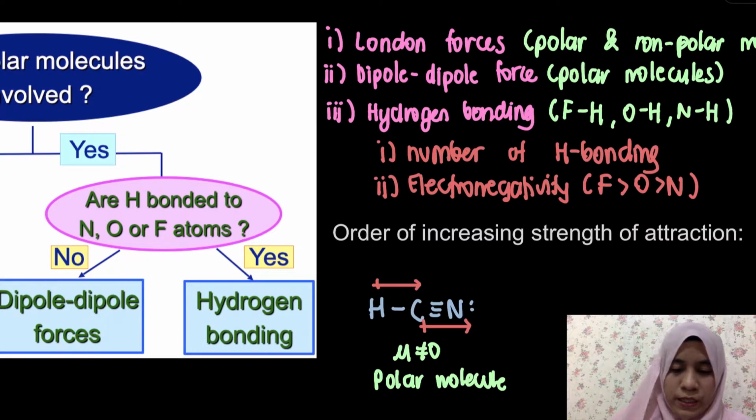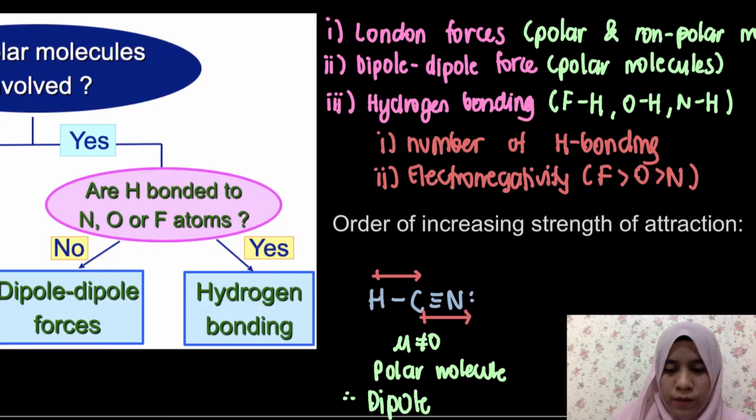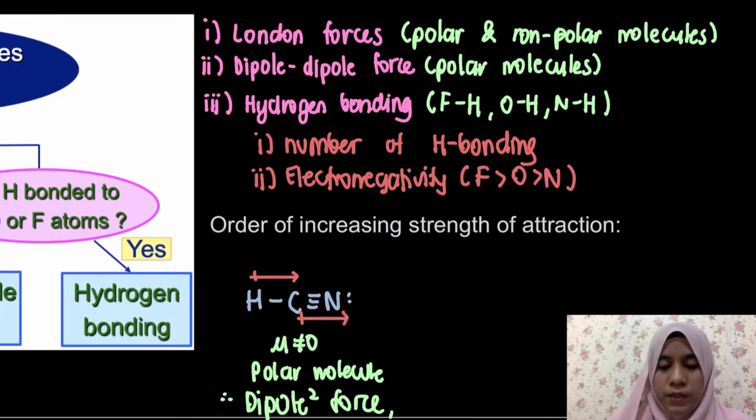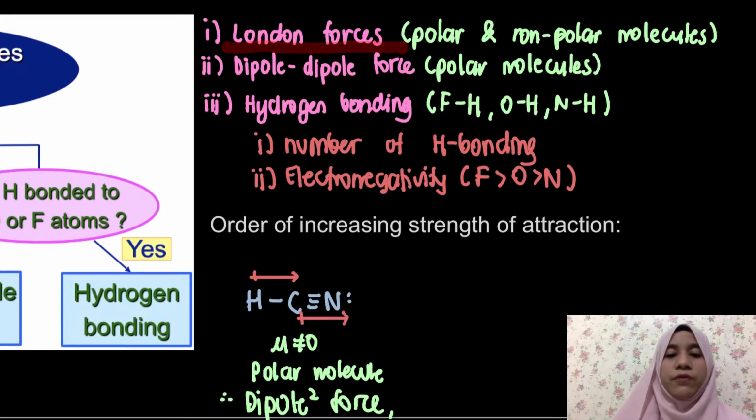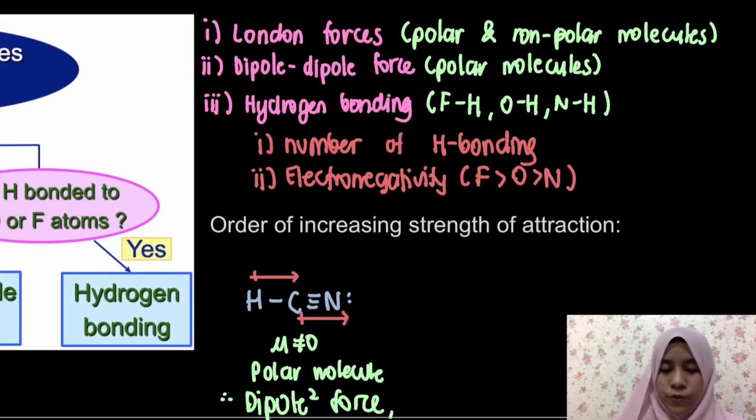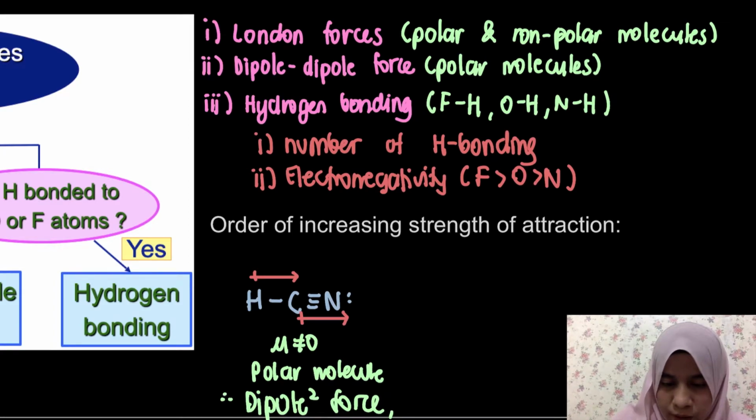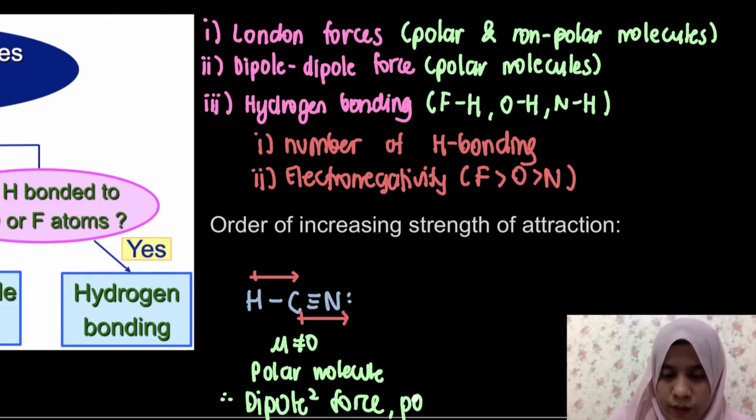But remember, besides dipole-dipole force, it also has London force, because London force is applicable to all molecules. So we have to say it is polar and it has London force as well.